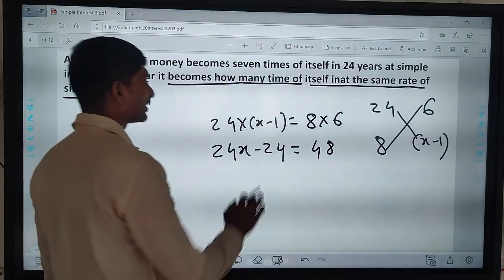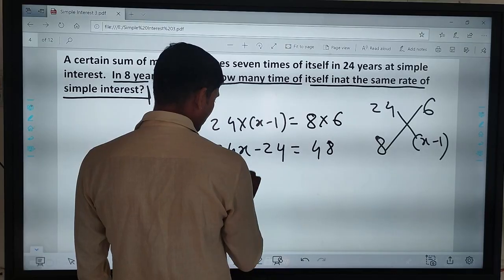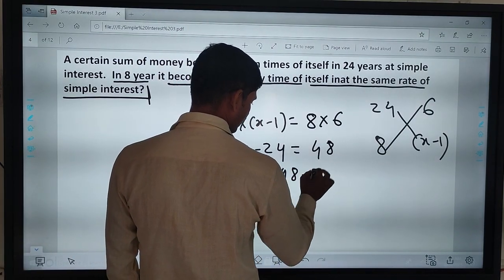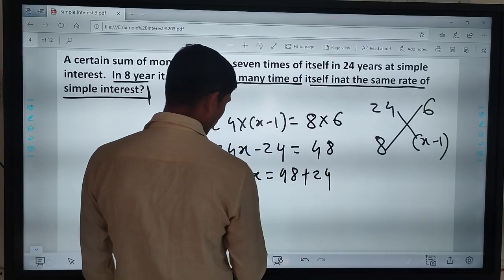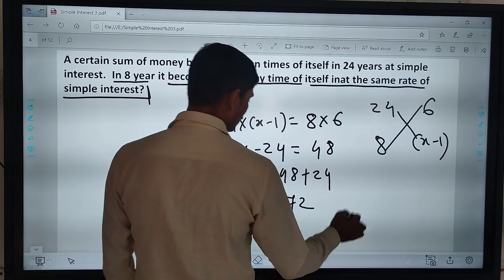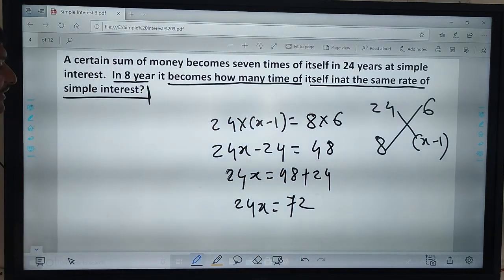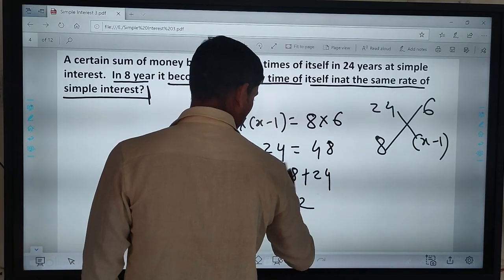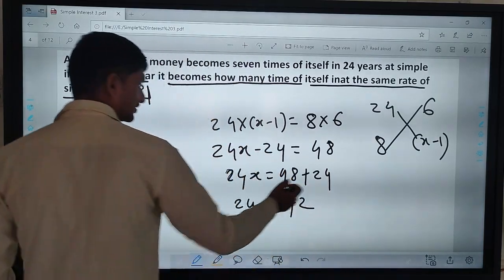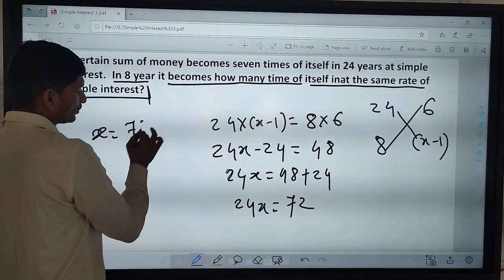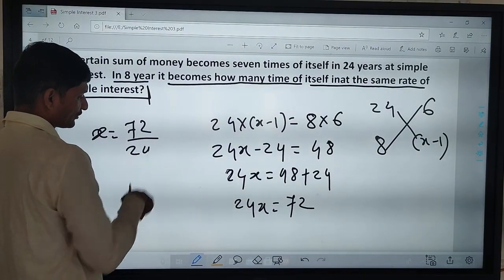Now here 24 is minus, so it becomes plus. 24x is equal to 72. Now x is equal to 72 divided by 24.